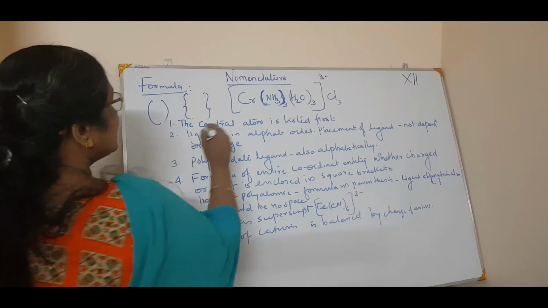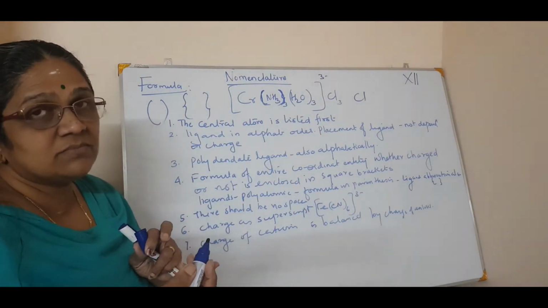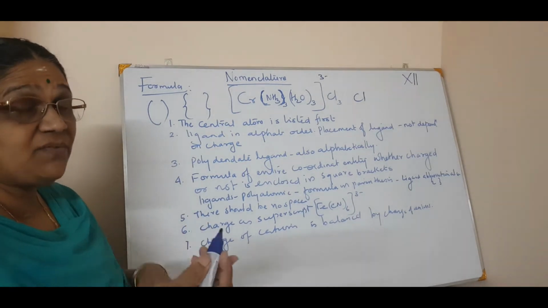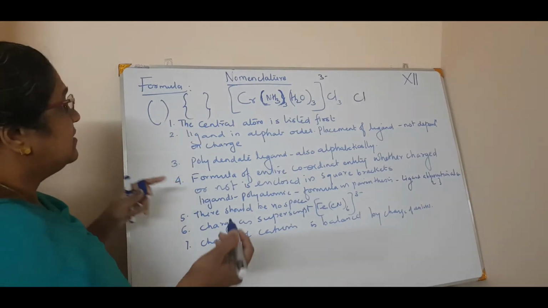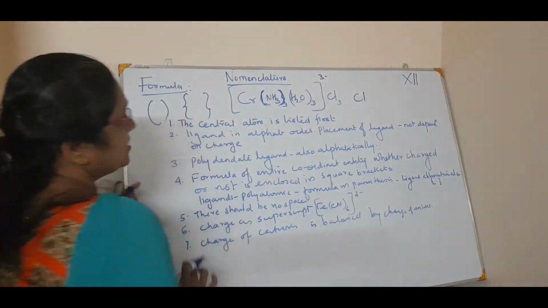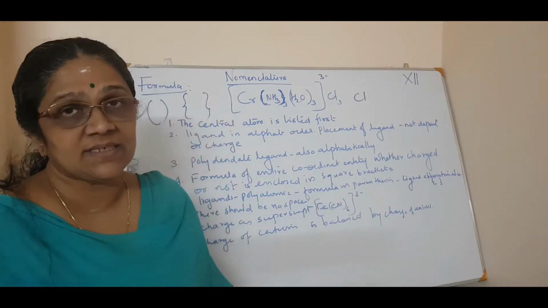But if Cl is there, you don't put brackets because it is monoatomic, so you don't have to worry about that. But if it is polyatomic like NH3 or H2O, three times, see H2O is polyatomic, so that is also put in brackets, correct. So if it is polyatomic, the formula must be in parentheses.